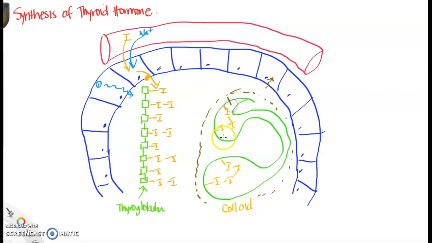It's chopped up into these different parts. Some of them have 3 iodines, some of them have 4 iodines. So it's chopped up into T3 and T4. Once that occurs, then it is exocytosed into the blood. So T3 and T4 go to the different organs or go to the cells.